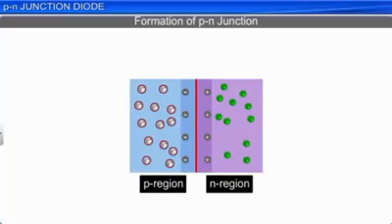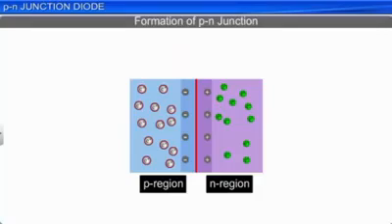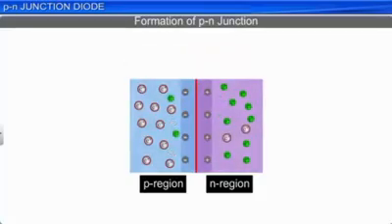This drift of minority charge carriers across the p-n junction creates a drift current that is directed from the n region towards the p region of the semiconductor. Thus, we observe that the diffusion current and the drift current across a p-n junction are opposite in direction.